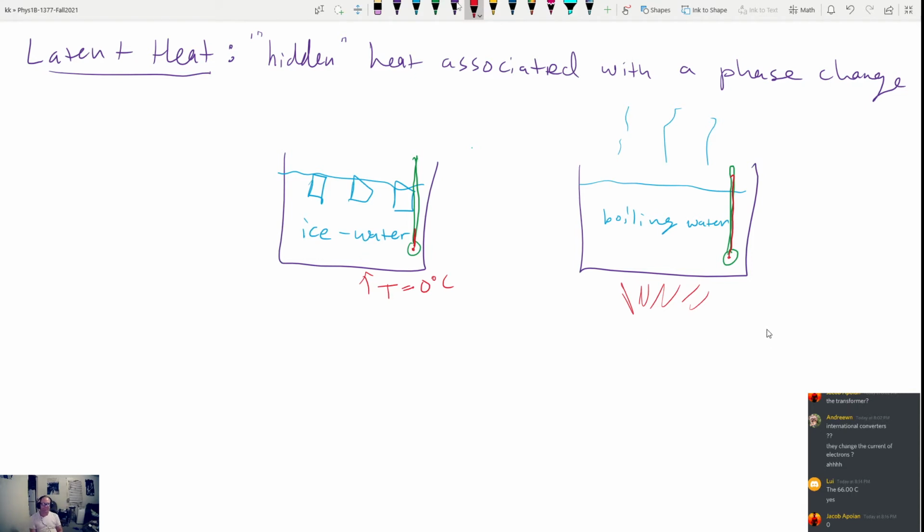The boiling water, what's the temperature going to measure? 100? 100, yeah. Temperature here is going to be 100 degrees Celsius. Now, why is that? Well, it's because as long as there is still some liquid water in here, the highest temperature the water can reach before it boils, before it vaporizes, is 100 degrees Celsius, right?